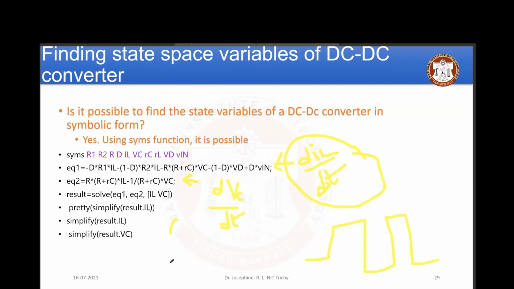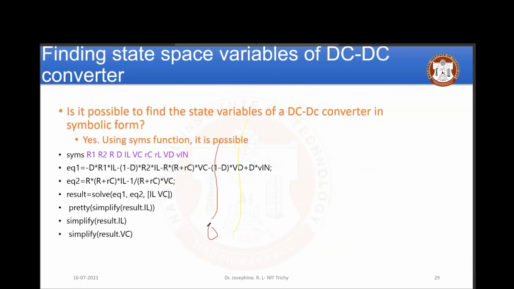So if you take the integral of VL over the time period 0 to Ts, if you integrate the inductor voltage dt, it has to be 0.